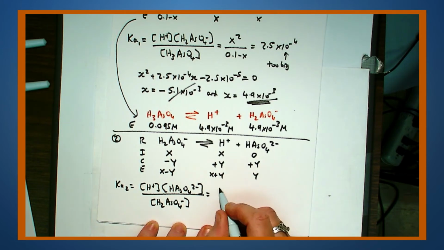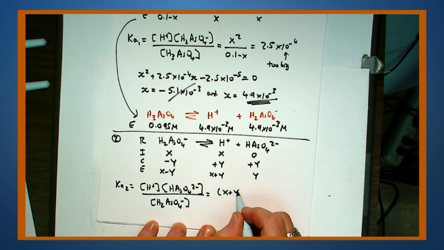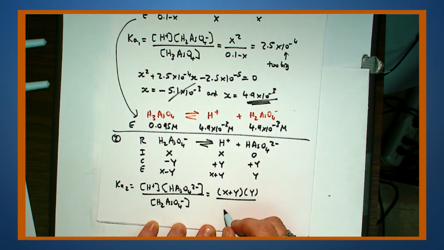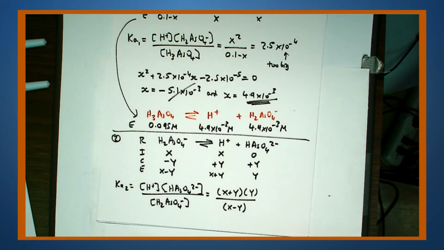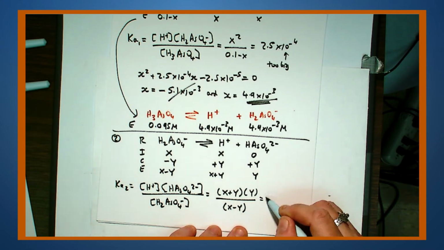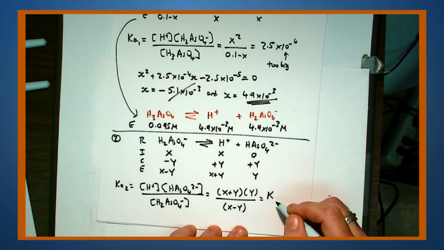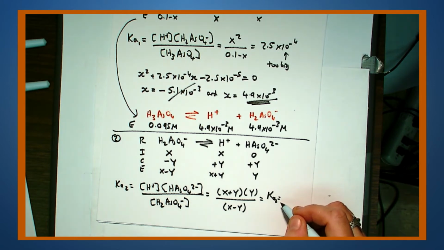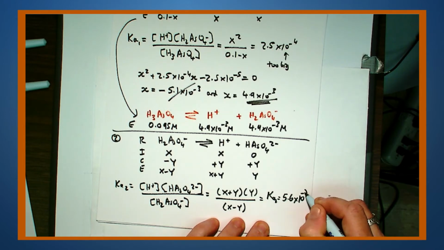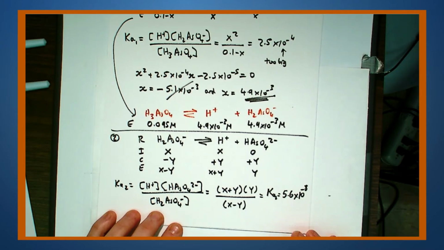So my H plus is X plus Y, this is Y, and this on the bottom is X minus Y. Now hopefully you'll see why I didn't bother to put the actual numbers in, because this equals, if you remember what the actual value was, let's see now, I've got to look at my number here, 5.6. I don't remember these. You don't need to either. You look them up from the data in the question. 5.6 times 10 to the minus 8.